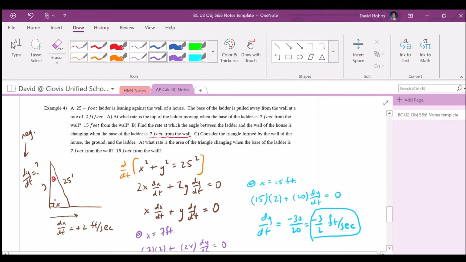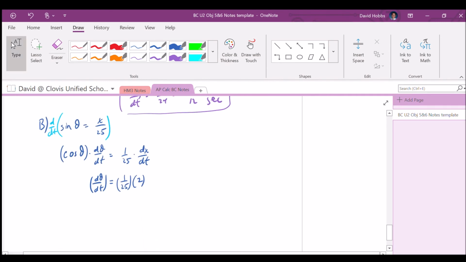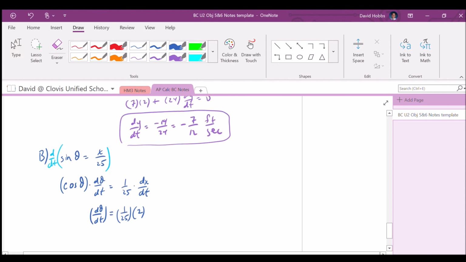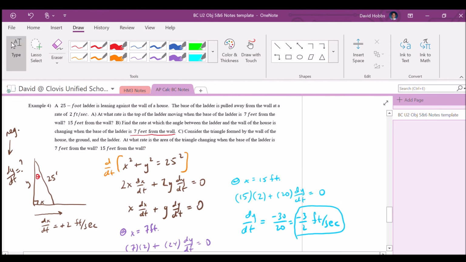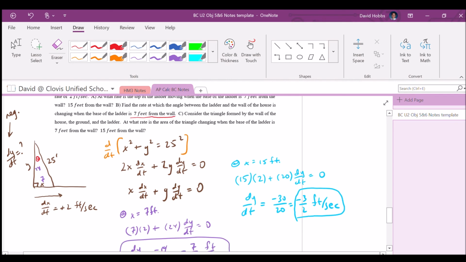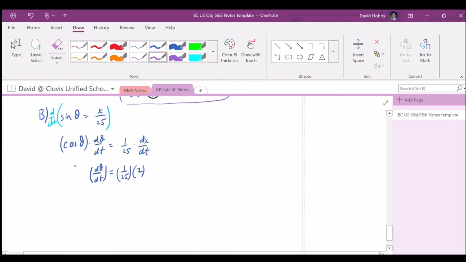No, you don't need the angle. We need the cosine of the angle. So let's remind ourselves what the cosine is at that precise moment in time. When x is 7, the y is 24. And so the cosine of theta at that moment is 24/25. And now I just solve for d theta dt.